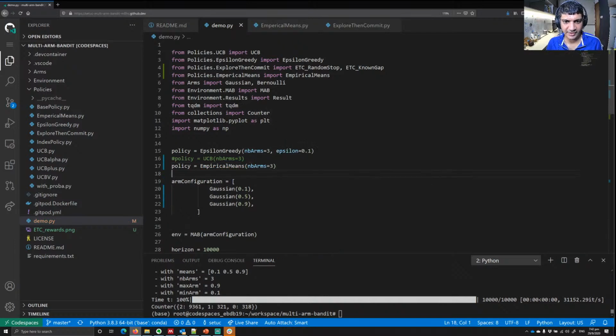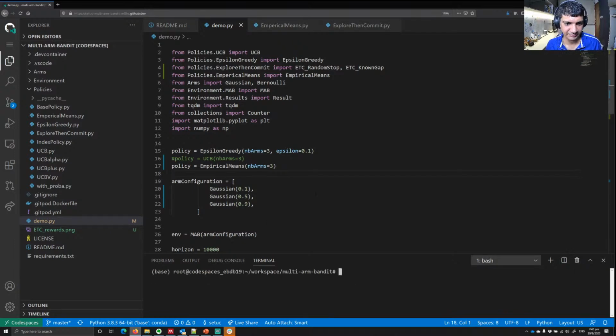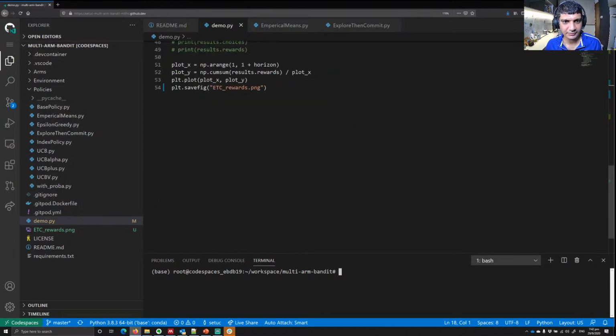My number of arms is 3, and again let's keep the Gaussian arms, so we don't have to redo the whole process. Now let me change this to empirical means rewards, and let's just run the code.